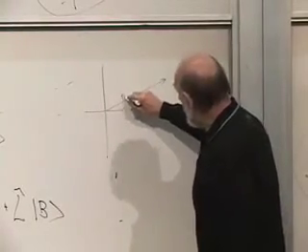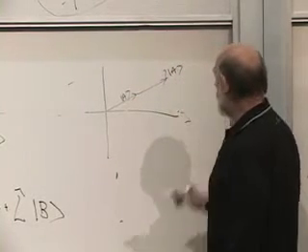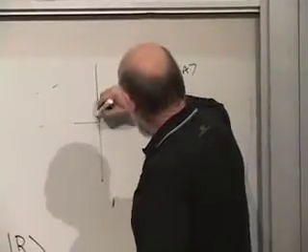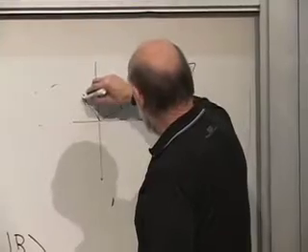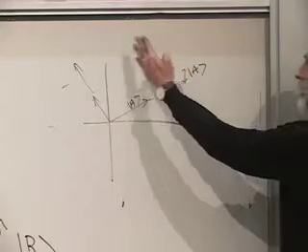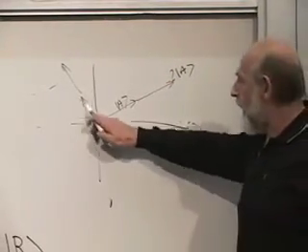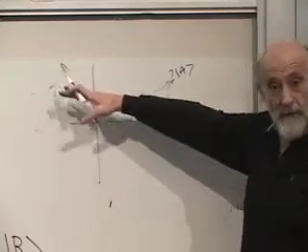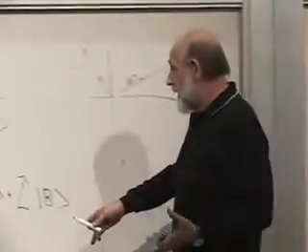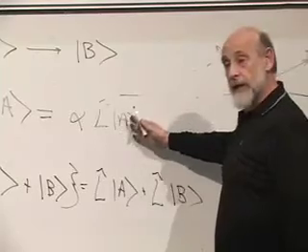So here's the original vector, here's twice the original vector. The operation is rotation. It rotates every vector by 90 degrees, let's say. In particular, the result of rotating twice A is the same as twice the result of rotating A. That's obvious. All right? So it satisfies the first rule: if I rotate alpha times a vector, I just get alpha times the rotated vector.